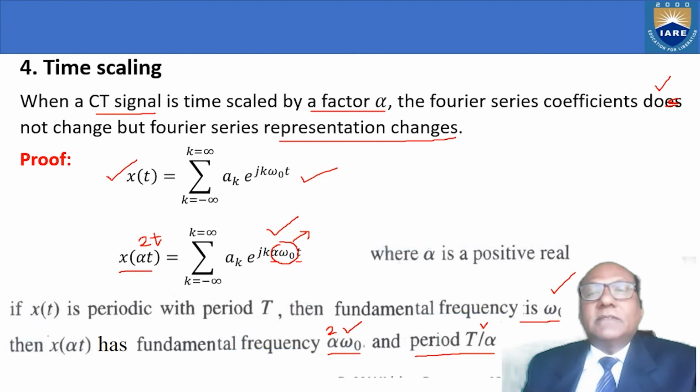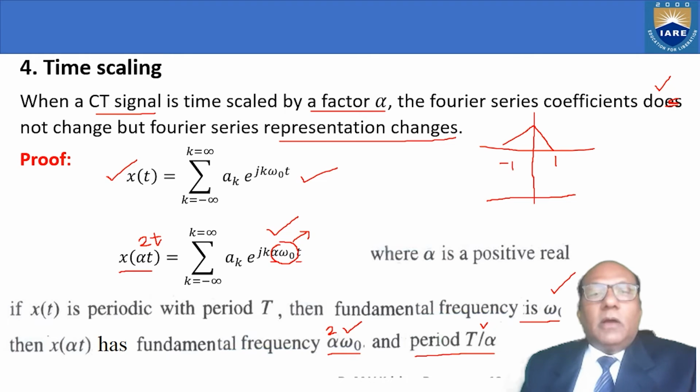So let us see the consequences of this. Now for example, let us take some original signal like this. The 1 is not to scale, and -1 is the given signal. Then you are taking alpha equal to 2. Alpha equal to 2 means its period becomes T by 2.